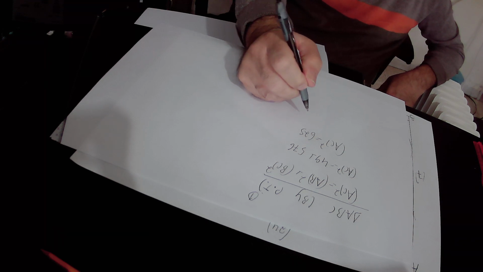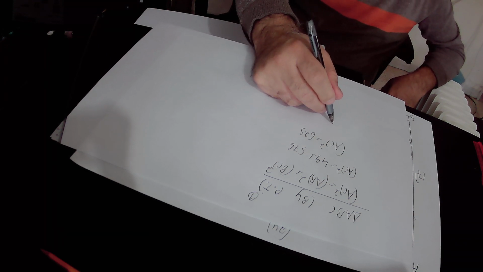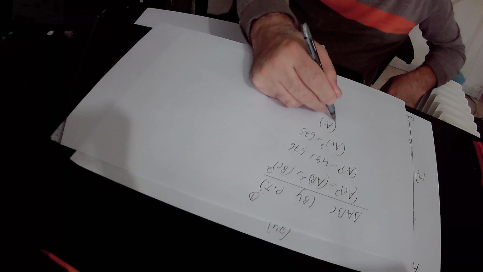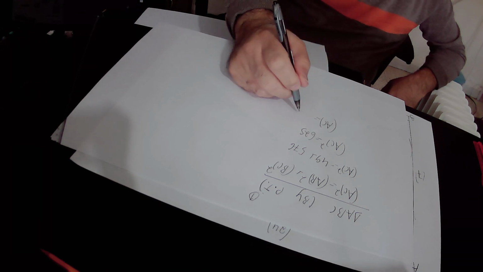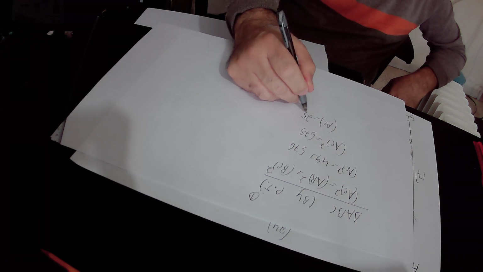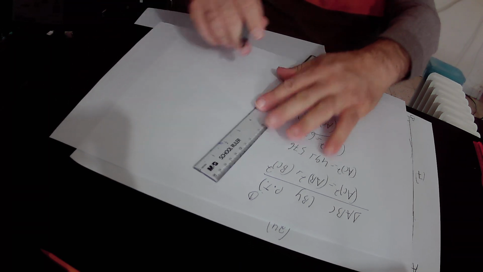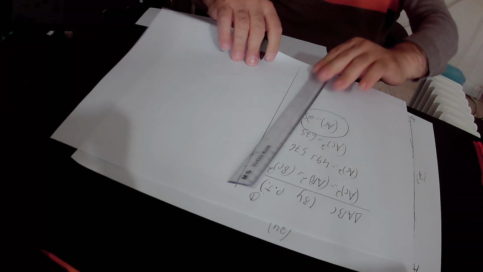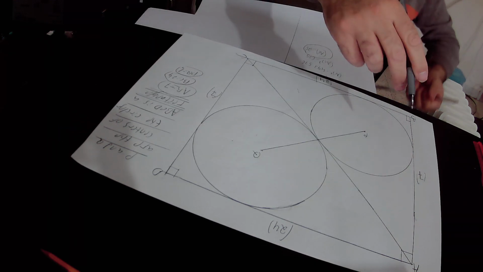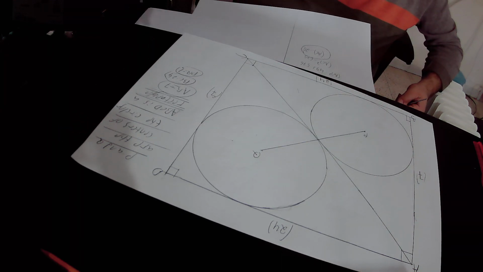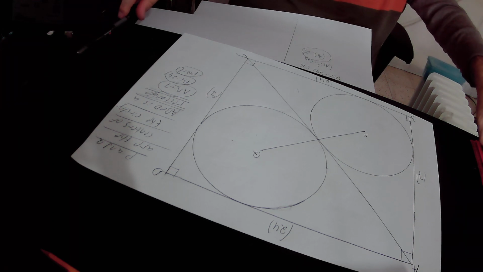So AC squared equals 625. We take a root out of this equation, and finally we get that AC equals the square root of 625, that is 25. So we found out that the hypotenuse AC of the right triangle ABC is equal to 25 units in its length.